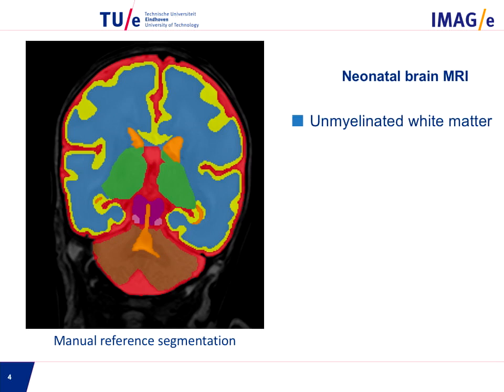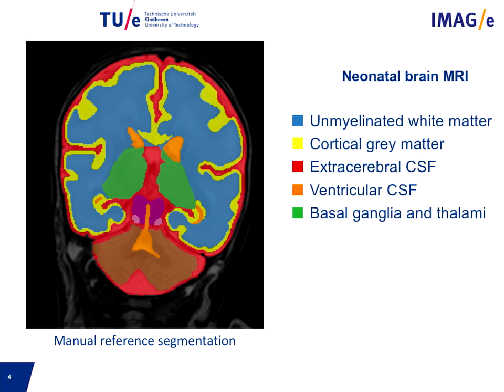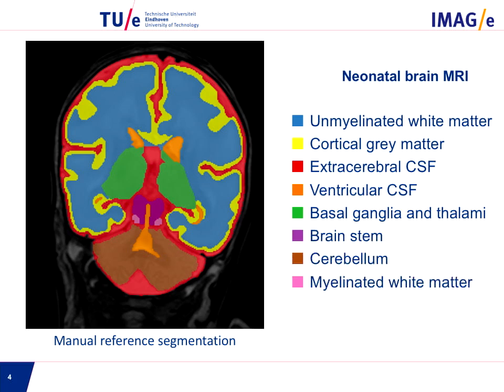At this age, most of the white matter is still unmyelinated. Then we have different classes for the cortex, for the CSF outside of the brain, the ventricles, the basal ganglia, brainstem, cerebellum. And you can see here the small pink dots are the start of the myelinated white matter.